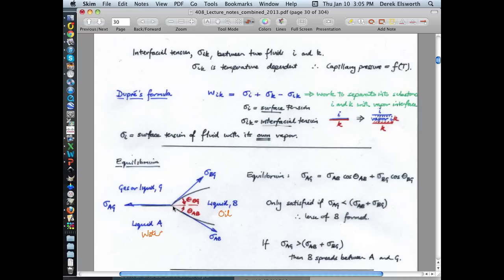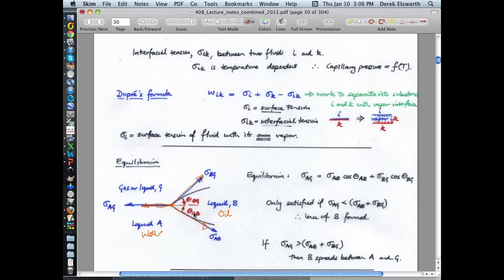And so if you look at this point between these three fluids, then you can draw a diagram where the connection between these fluids is just driven by a force diagram, which is the forces that act at the confluence of these three fluids. And you can basically do an equilibrium calculation to see whether the force pulling this boundary here to your left is bigger than the force pulling them to your right.